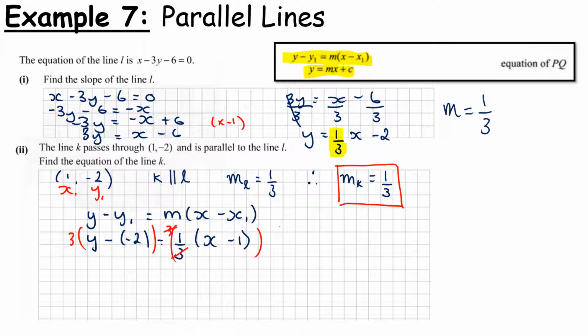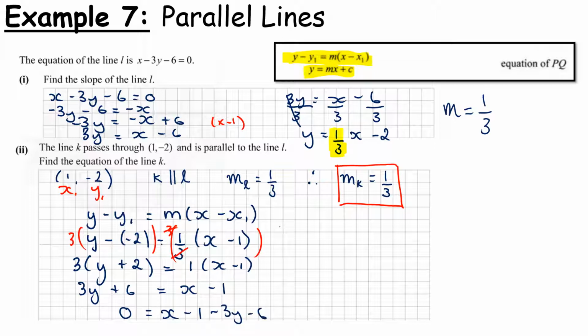And we're left with 3 times y plus 2 is equal to 1 times x minus 1. So multiplying that out, we get 3y plus 6 is equal to x minus 1. And rearranging this, I'm going to bring everything over to the right hand side. So I'm going to subtract the 3y and I'm going to subtract a 6, and we get x minus 3y minus 7 equals 0.